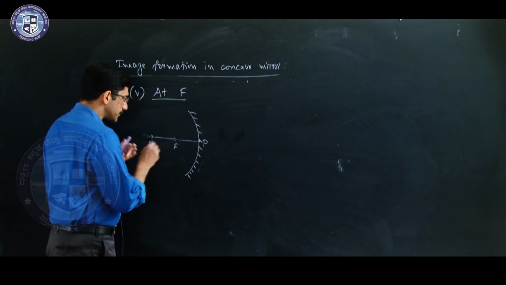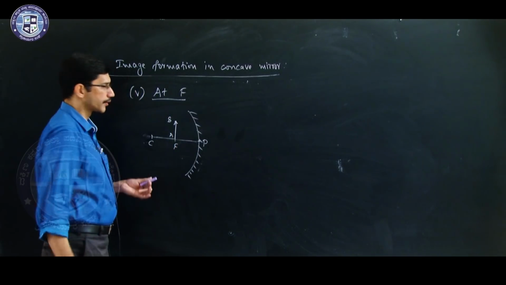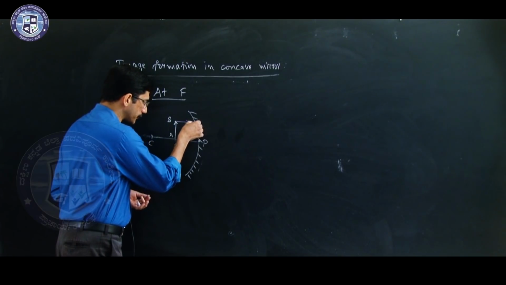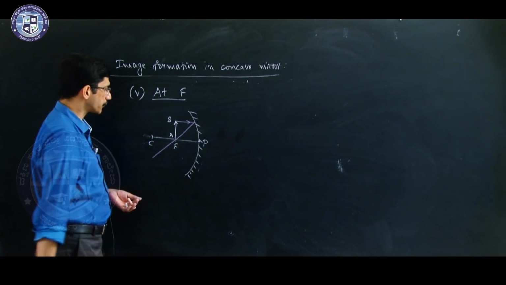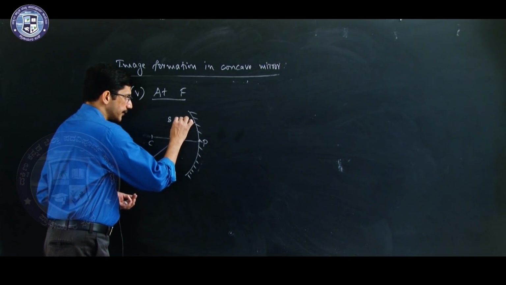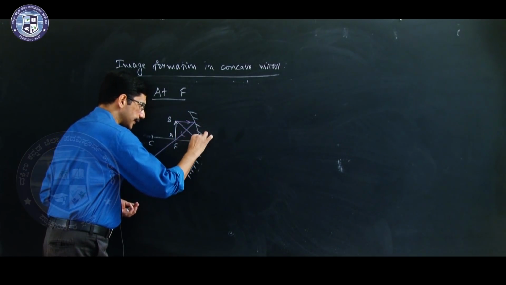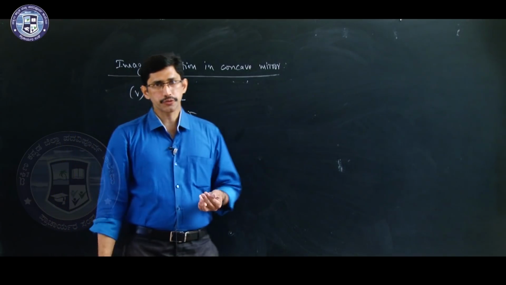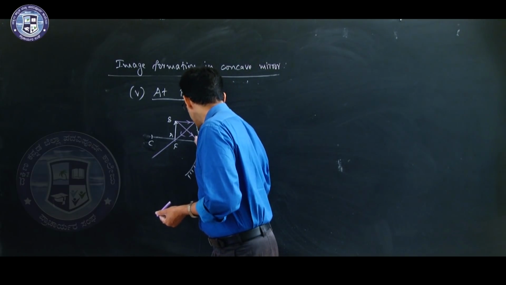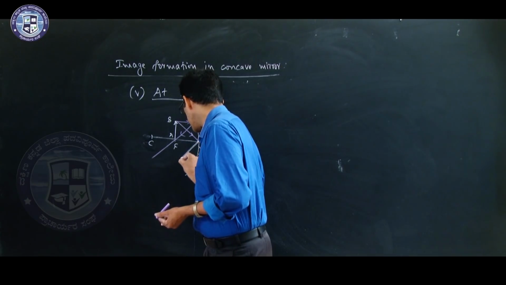Now, suppose you place an object at the focus. So, AB is the object, and one of the rays, a ray which is parallel to the principal axis, after reflection passes through the focus. And we will consider one more ray which is incident at the pole, which obeys the laws of reflection, so whatever the angle of incidence is, it makes the same angle.